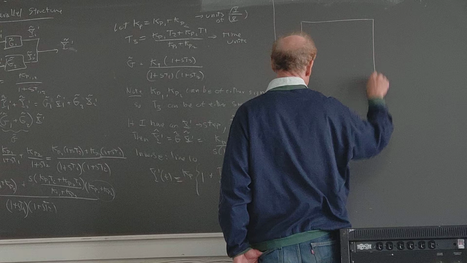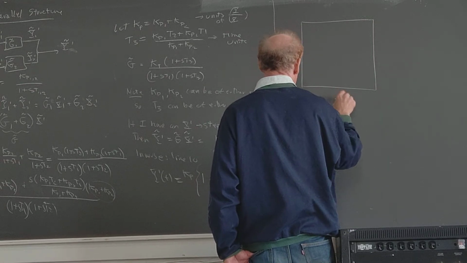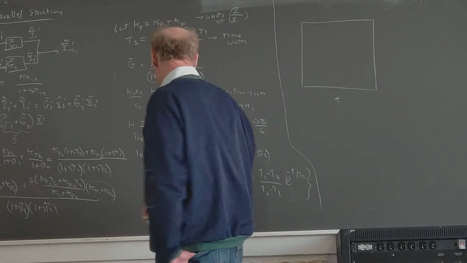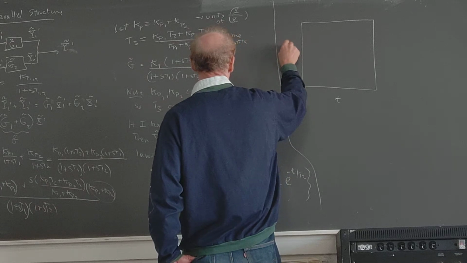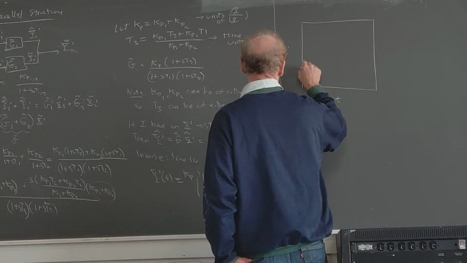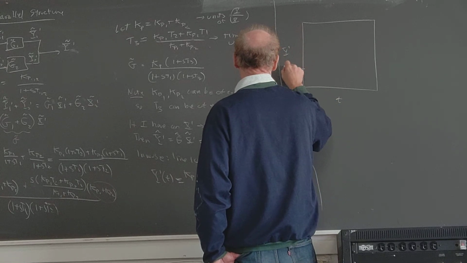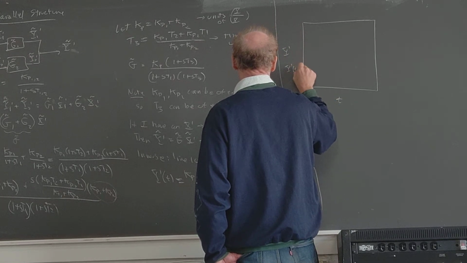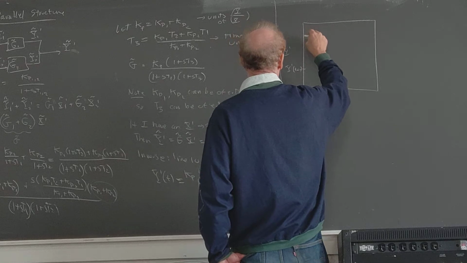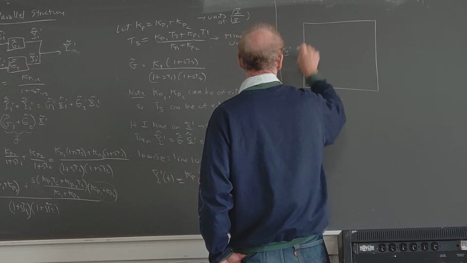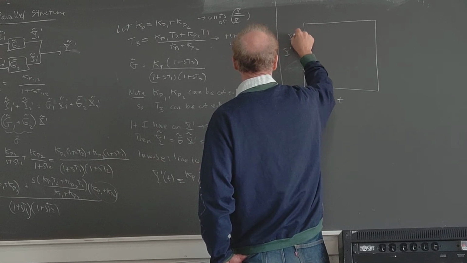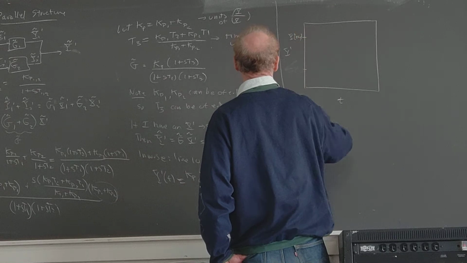So let's do a plot. And this is time. And here I can have y prime, and here I can have the initial value, y prime, for t less than 0. Why don't we make it y of t for t less than 0?